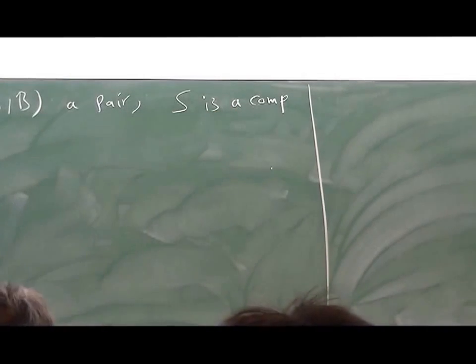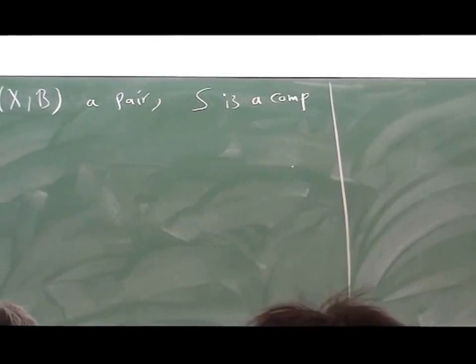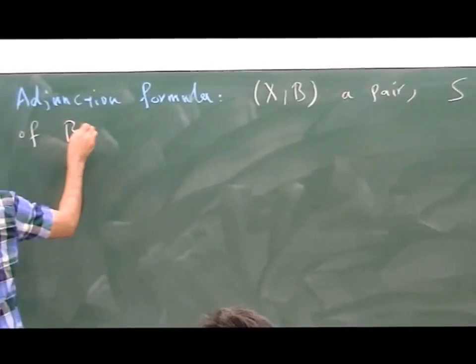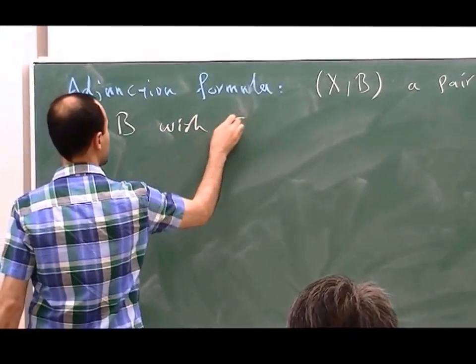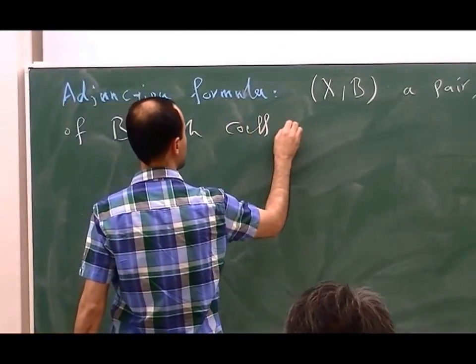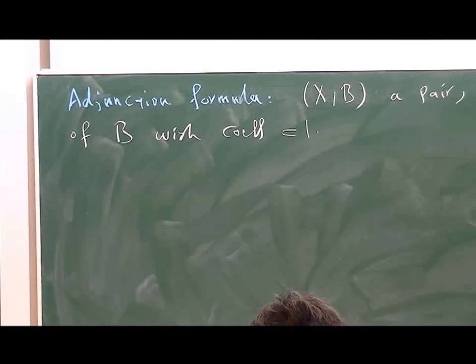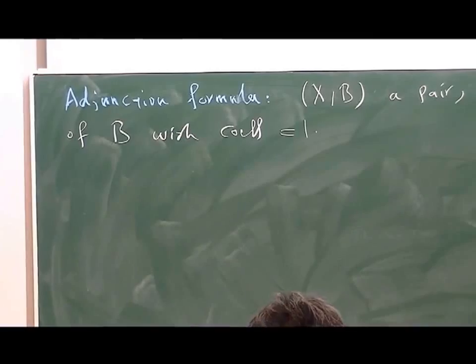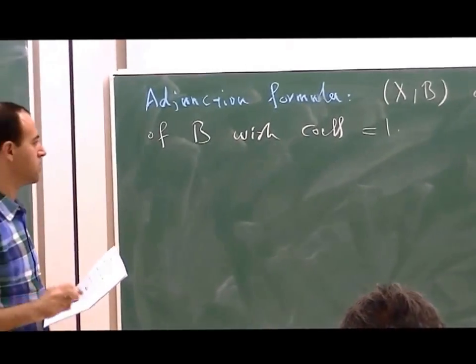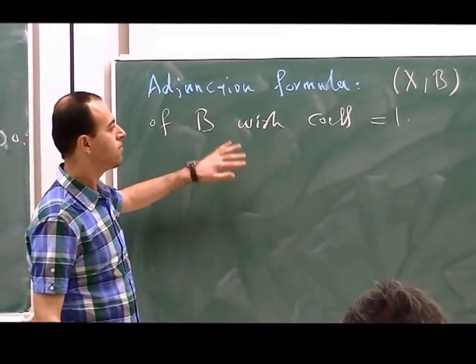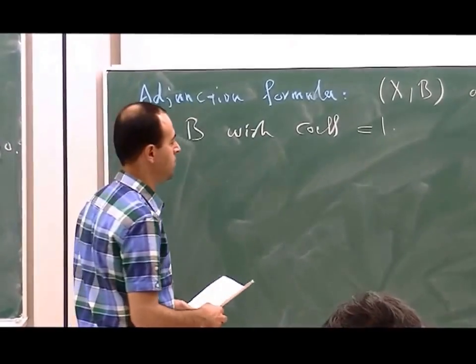This is the component of B with coefficient 1. So you might have many different components with different coefficients, but I assume that this one has coefficient 1. And these are usually the most important for the geometry of this pair.